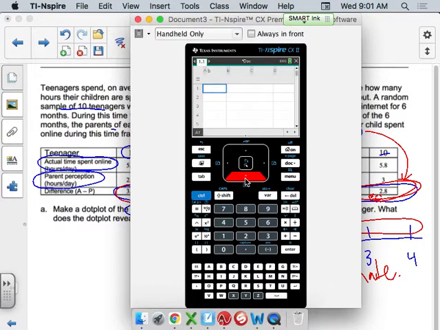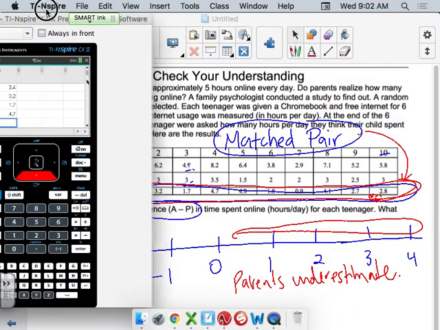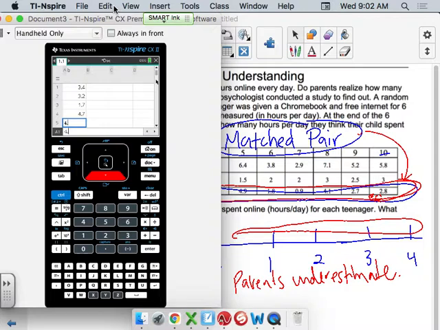I'm only gonna make one list, and I'm gonna make it for the difference. So I'm not gonna put the 2 in, I'm just gonna put the difference in. So I'm just gonna do that bottom one. It's like 3.4, 3.2, 4.7, 4.7, 4.9.